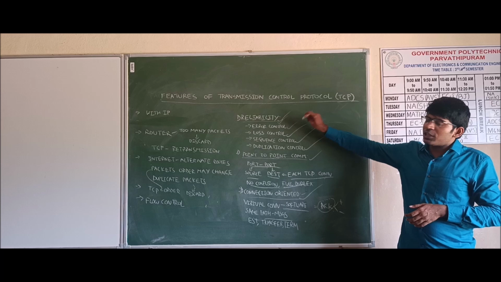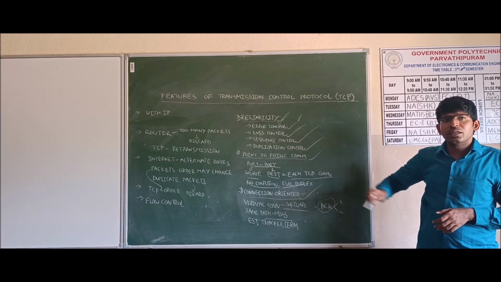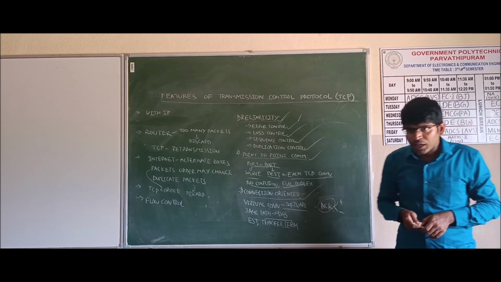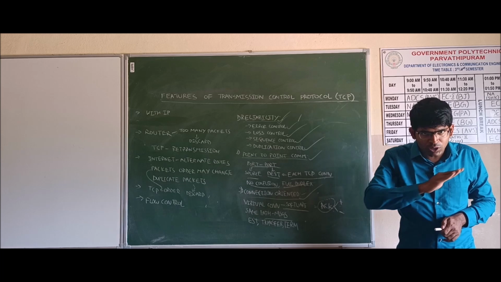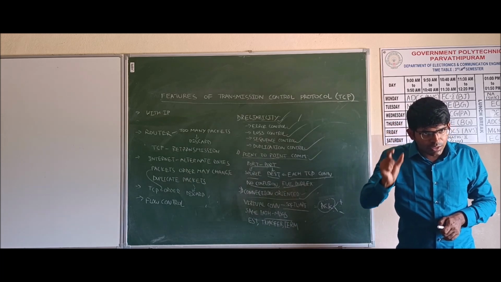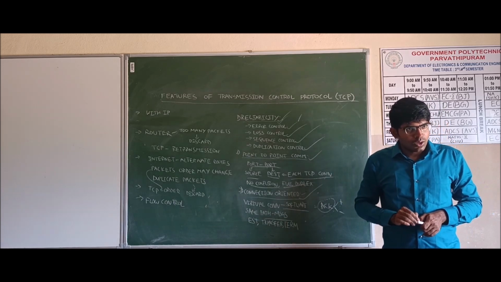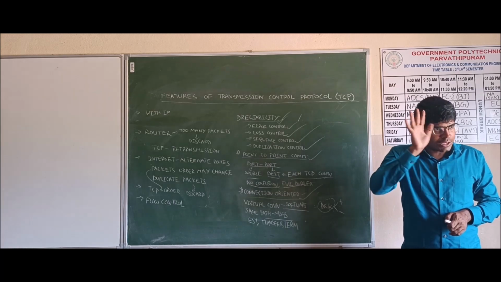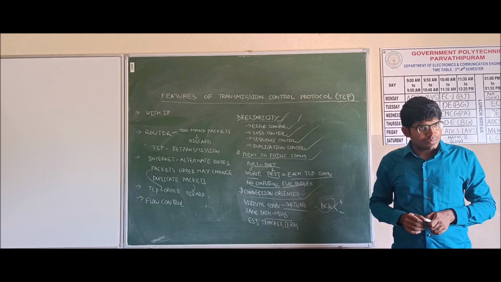So the features of the Transmission Control Protocol are reliability, point-to-point communication and connection-oriented communication. A reliable communication: no loss of packets, no change in sequence of the packets from source to destination, no duplication in the packets, no error in the packets.